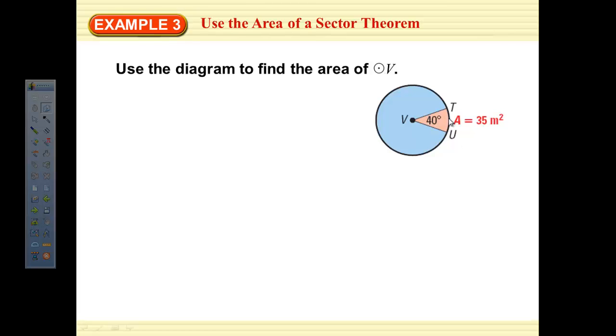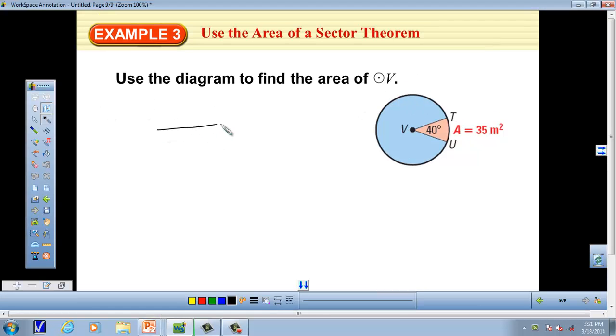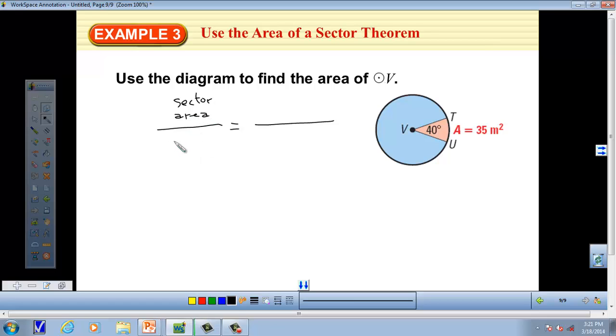Okay, this is a problem where they give you the area of the sector and they want you to find the whole area. So again, what I would suggest doing is using the formula that I gave you, where this is the sector area over pi r squared, and that's going to equal the central angle over 360.